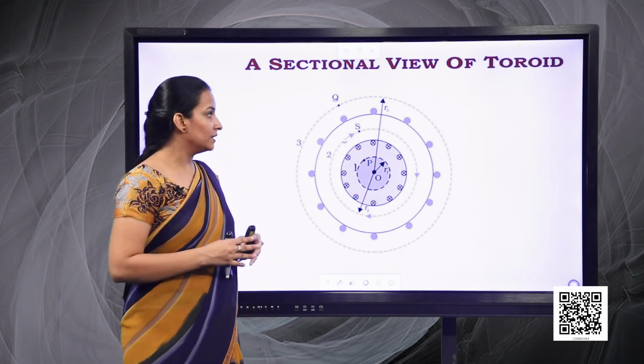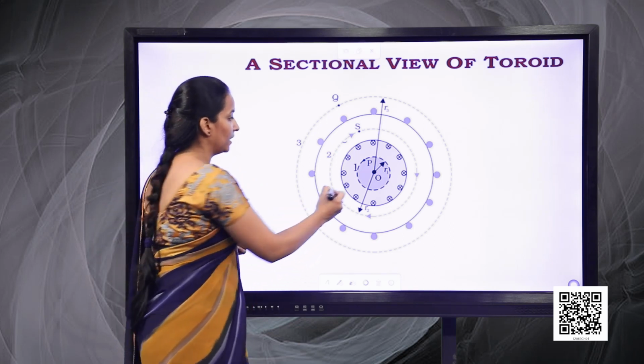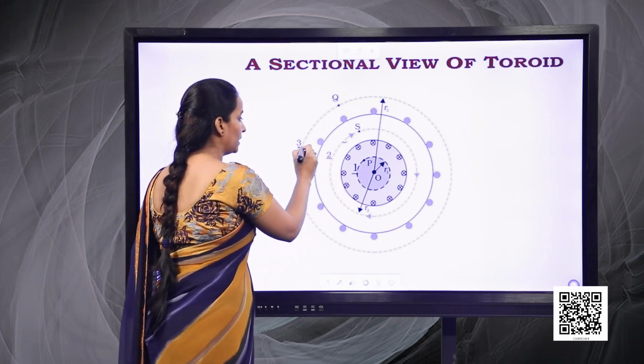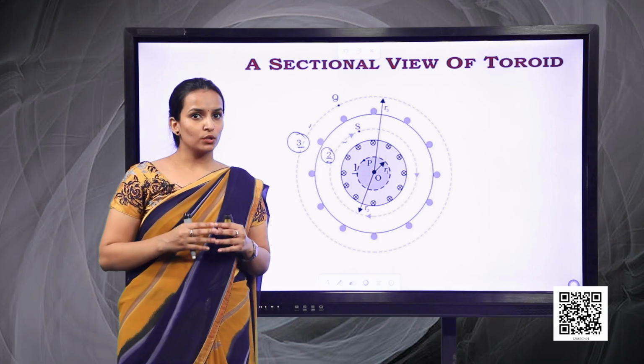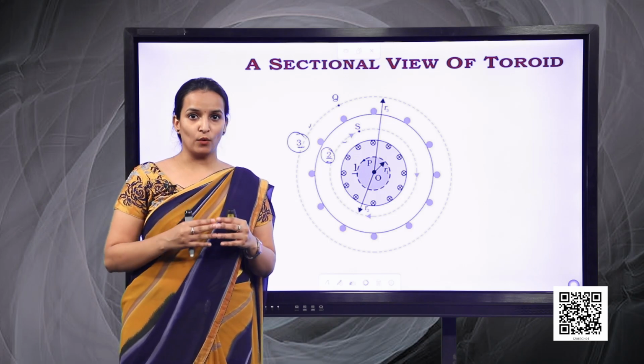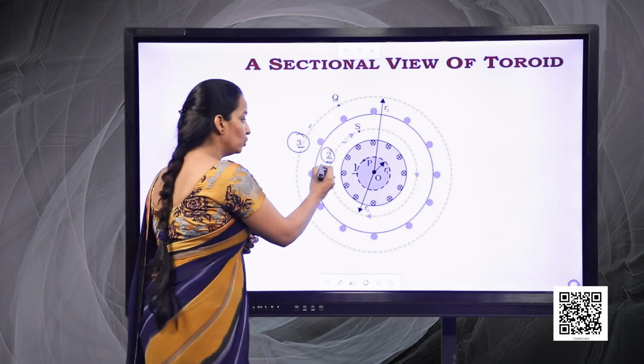Here we can see the circular Amperian loops 1, 2 and 3, which are represented with the help of dashed lines. By symmetry, the magnetic field should be tangential to each of them and constant in magnitude for a given loop. It is quite clear from the diagram that the circular areas bounded by loop 2 and loop 3 are cutting the toroid, so that each turn of current carrying wire is cut once by loop 2.